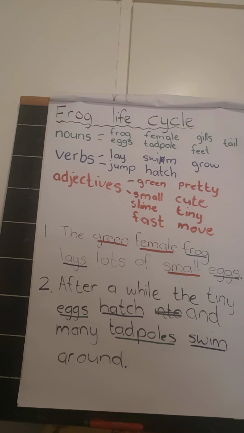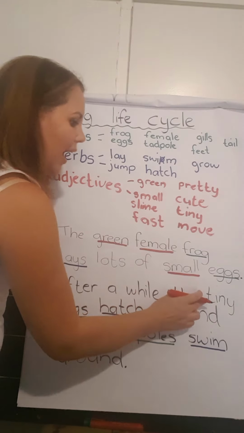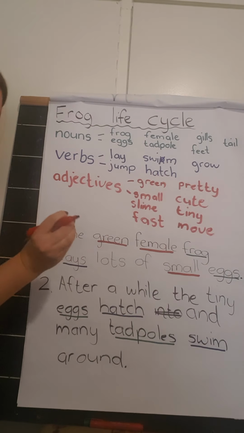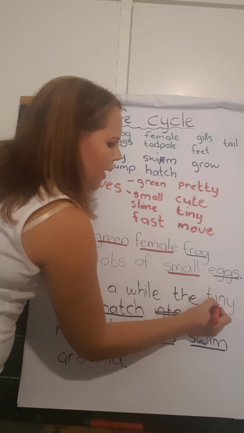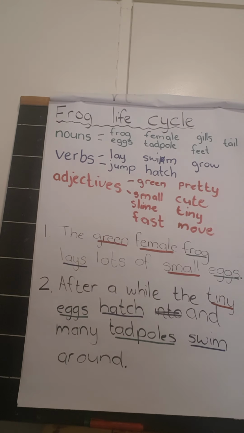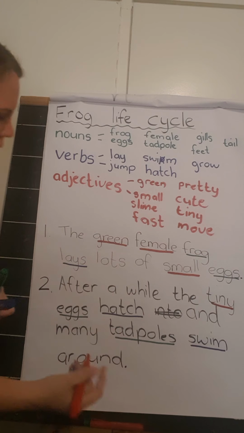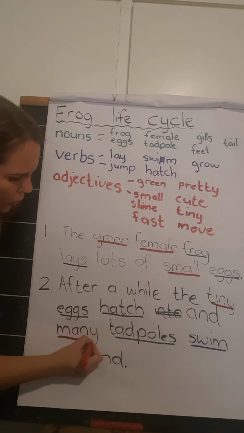And then we need to find our adjectives, which are describing words. So, after a while, the tiny, that tells us it's a little small egg. The tiny eggs hatch, and many, so that means lots of them. So that's another describing word.